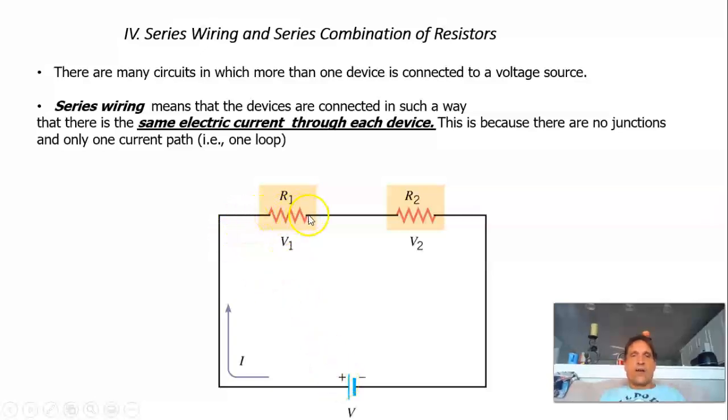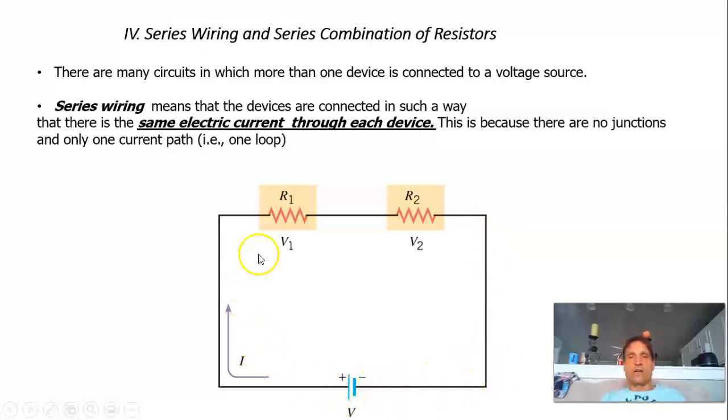We connect the other end to the next resistor. If we had another resistor, we would connect that one up to this resistor, and it's just like a train. These are the little cars of the train. They're connected together, and finally, after the last resistor, we connect it to the negative terminal.